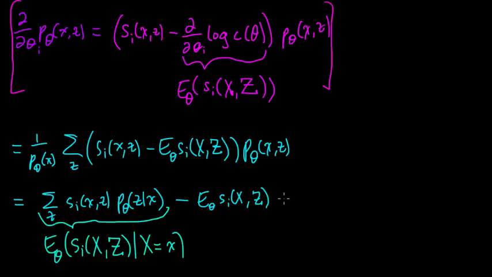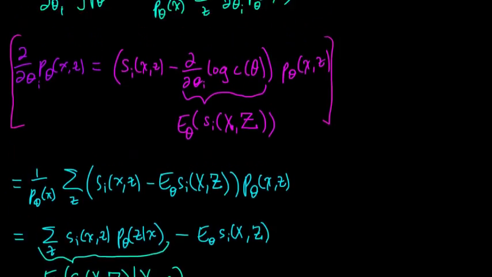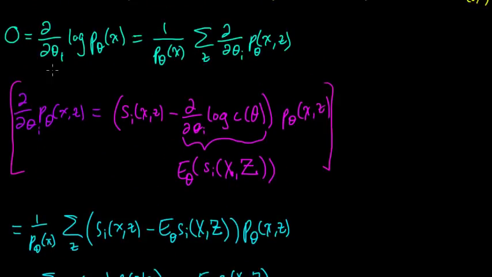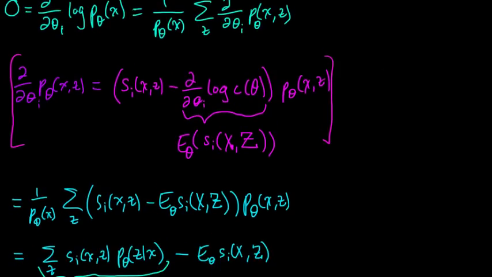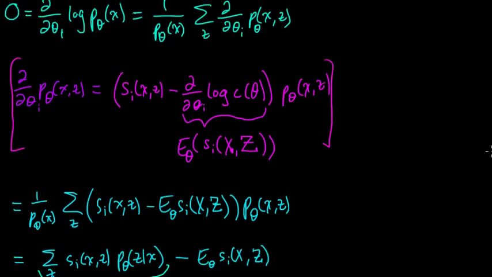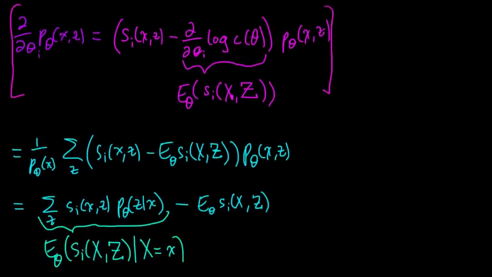And so we get the following. Remember we had set this equal to 0 in order to get a necessary condition for a critical point of this function with respect to theta i.